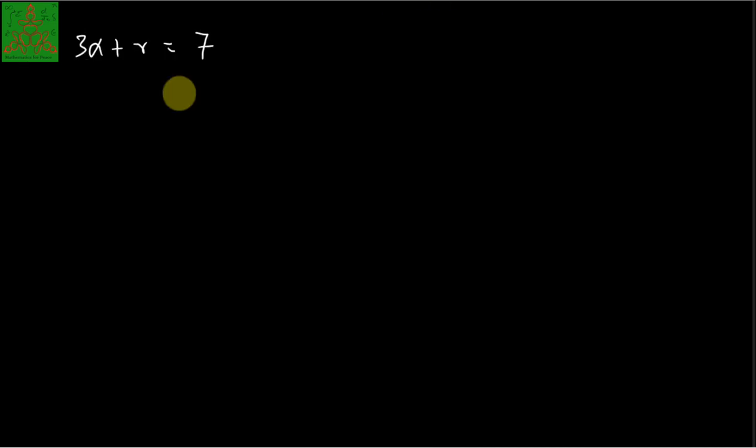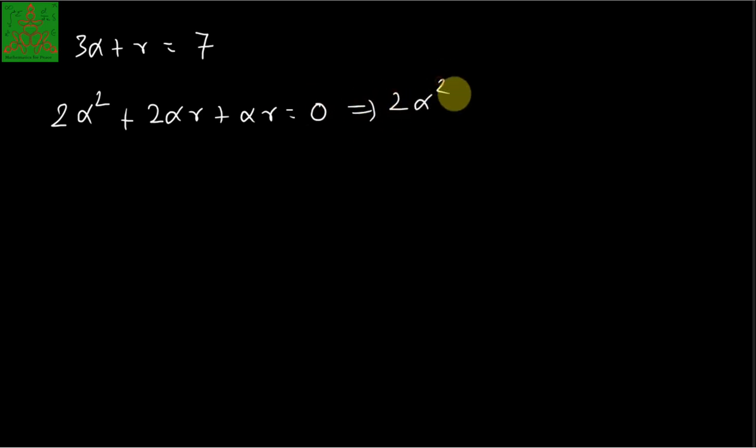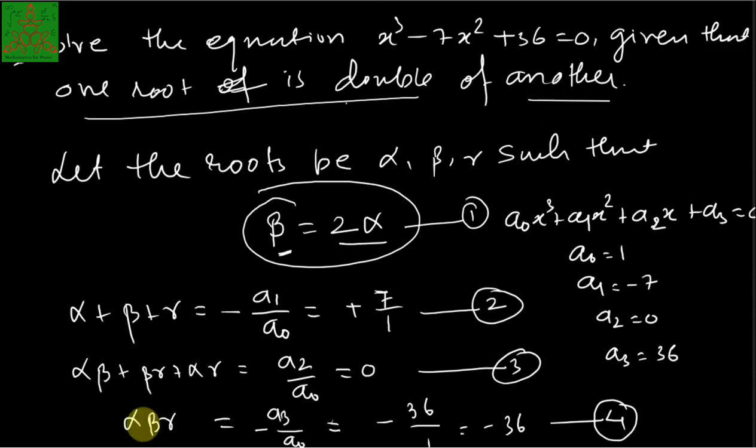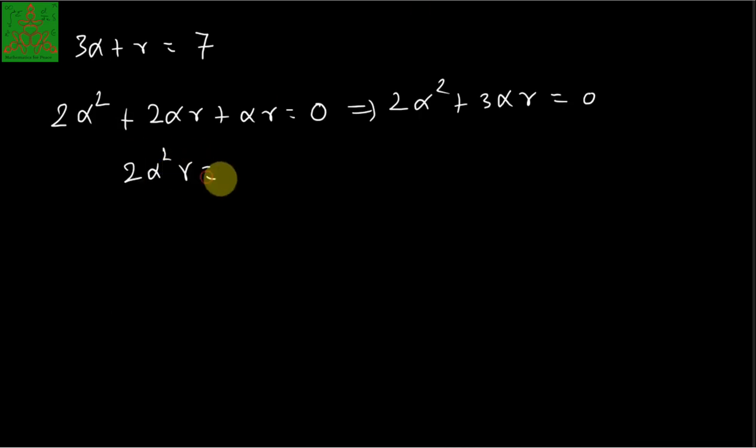So let us write: 2 alpha square plus 2 alpha gamma plus alpha gamma equal to 0. This gives you 2 alpha square plus 3 alpha gamma equal to 0. And the last one will have alpha beta gamma. Beta is 2 alpha, so it is 2 alpha square gamma equal to minus 36.